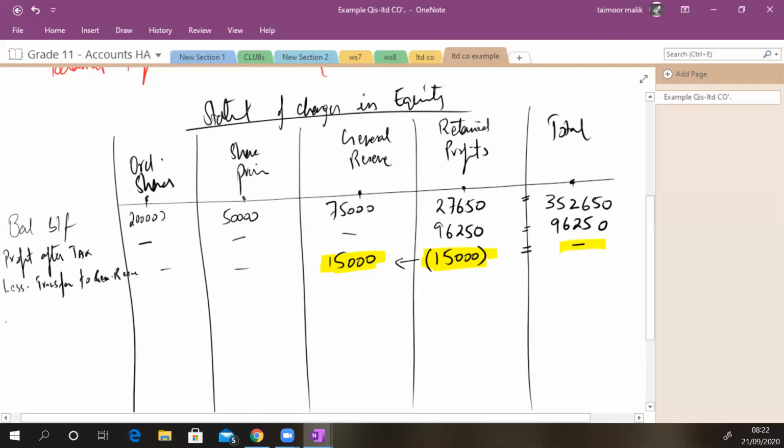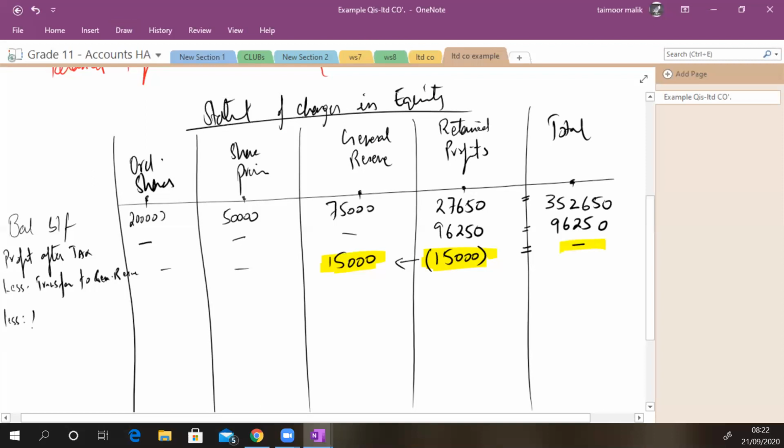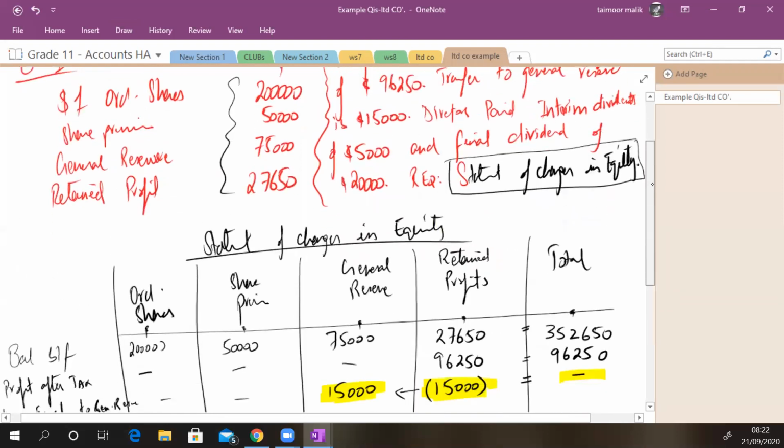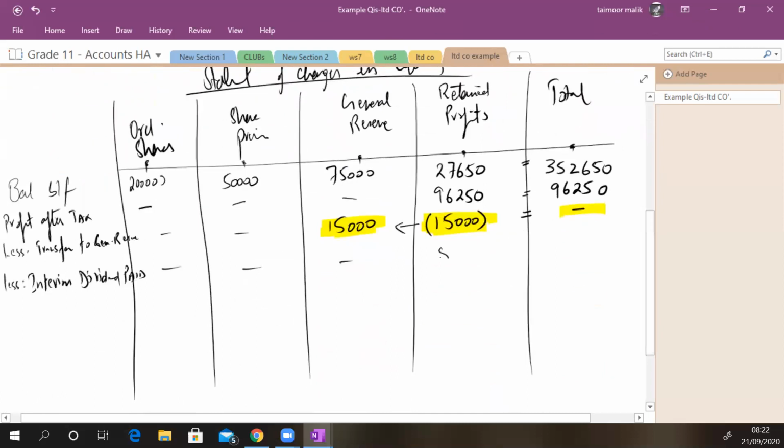After that, less interim dividend paid. Where would you pay dividend from? From reserves? From shares? No. Dividends are a share of profits. How much was the interim dividend? 5,000.